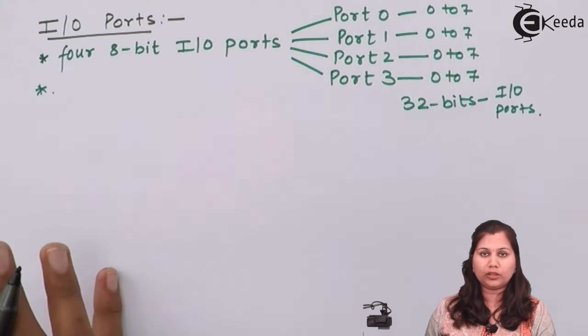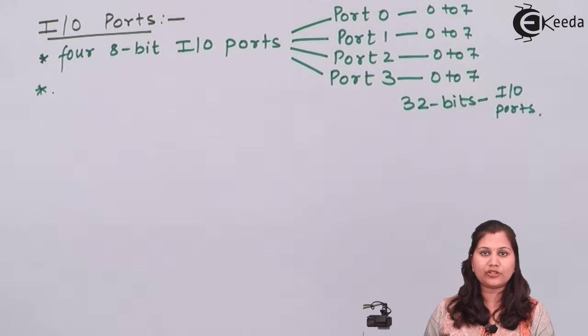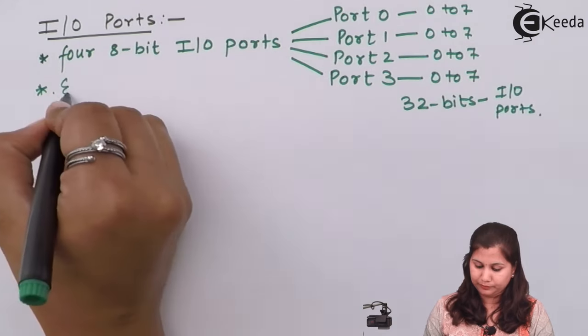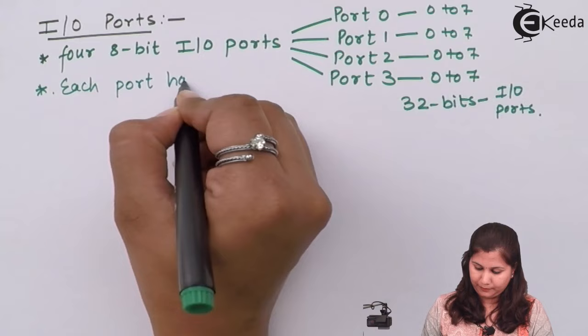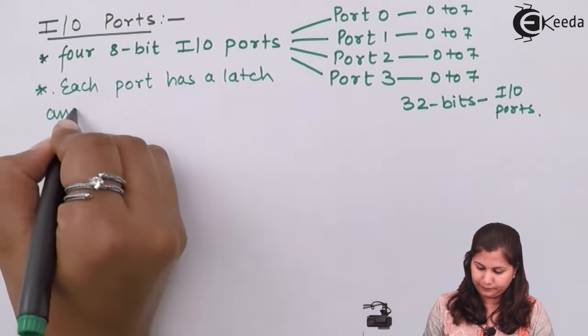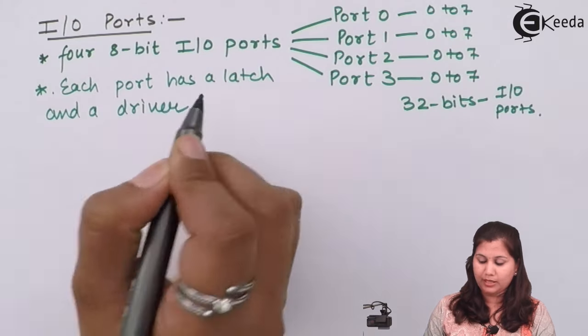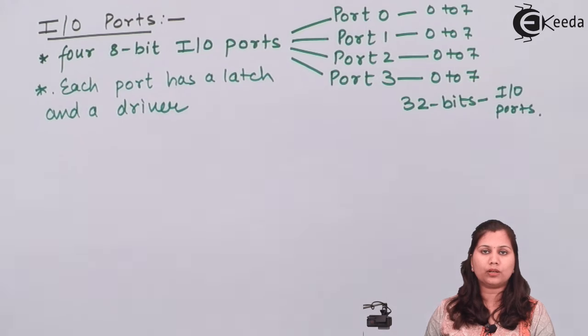Now for each port we have a latch and a driver. The latch is used if we want to latch the input or output of the port, or if we want to give the addresses of the port.